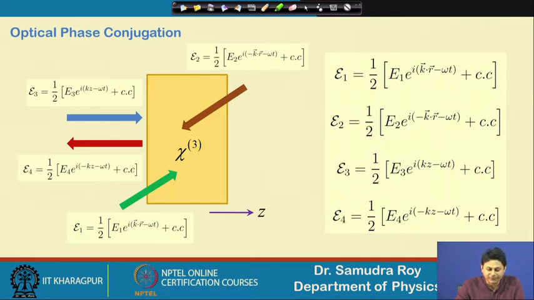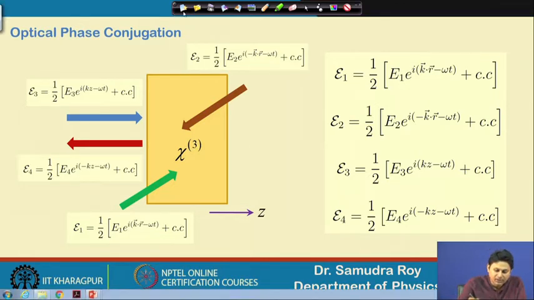That is the first thing we need to note: this is not a non-degenerate kind of 4-way mixing, this is a heavily degenerate 4-way mixing, because all the wavelengths are the same. For all waves the frequency is the same, and we call this frequency simply omega.